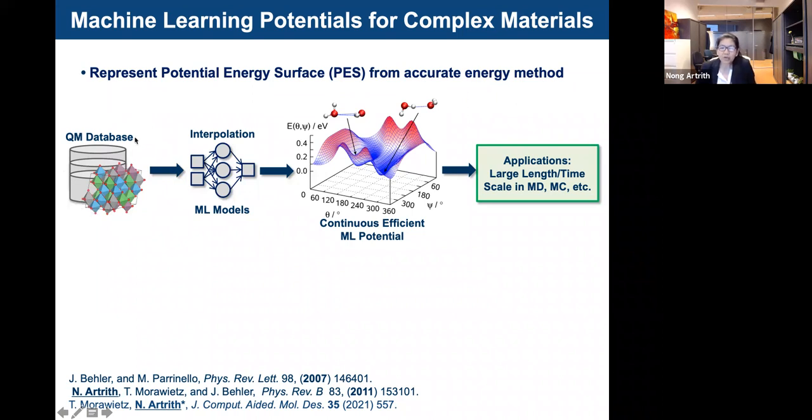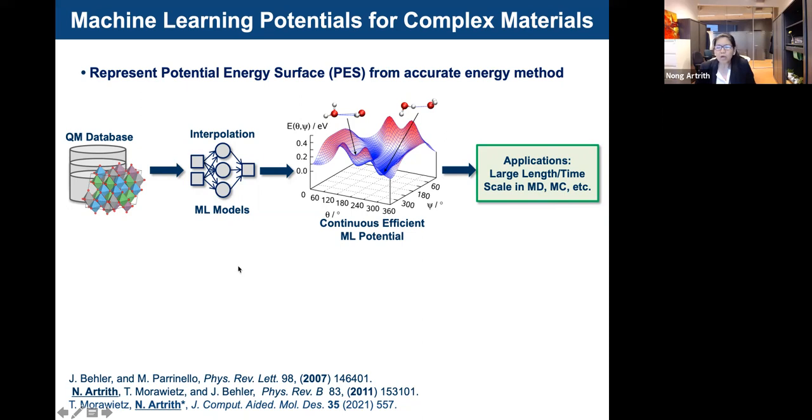And then we use machine learning models for the interpolation to construct continuous, efficient and accurate machine learning potentials. And then we use them in applications, for example, if we have accurate energies in larger scale Monte Carlo simulations, and if we have really accurate forces, we can also use them in molecular dynamics simulations.